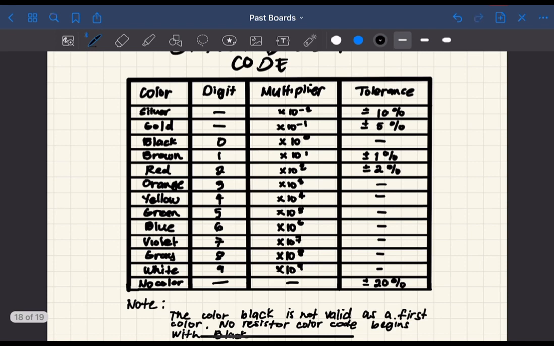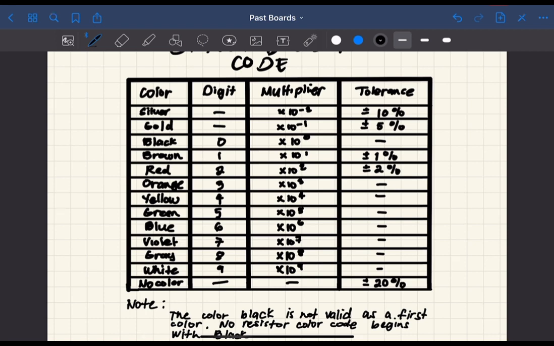From this table, you can see that silver and gold represent nothing as digits, but starting from black to white, the colors represent the digits 0 to 9. No color, nothing. And for the multiplier, from silver to white, it is 10 raised to negative 2 to 10 raised to 9.